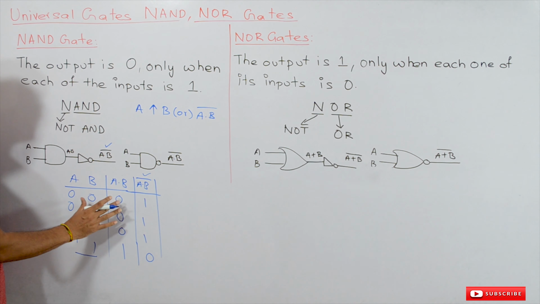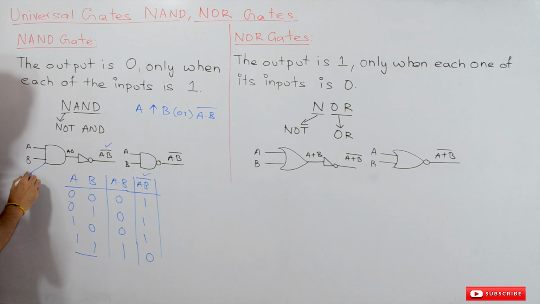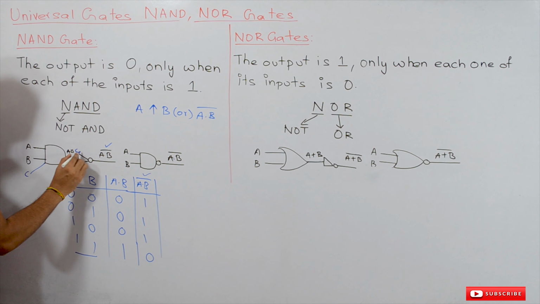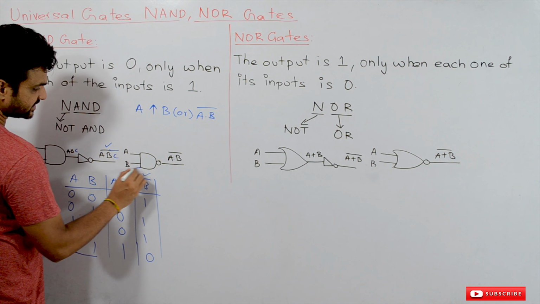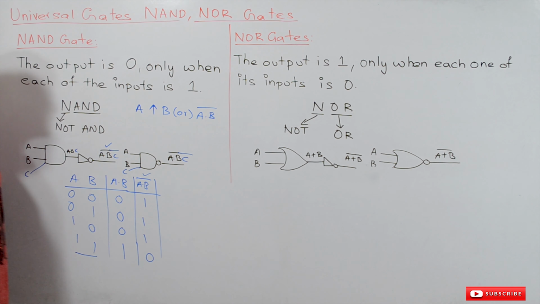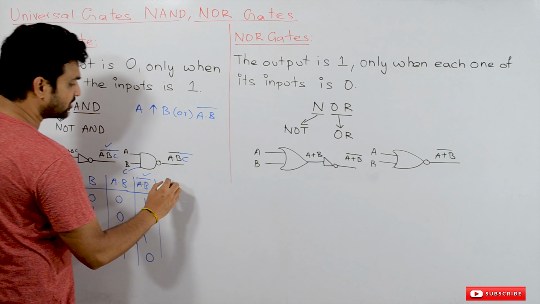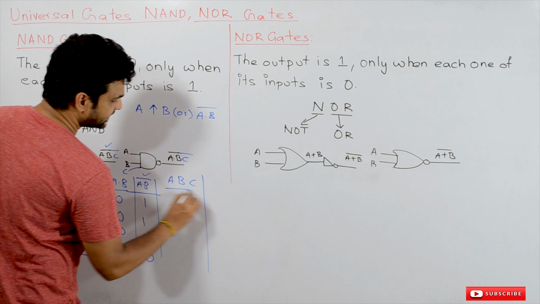If you take a 3-input NAND gate, another input variable called C gets added. So it becomes A dot B dot C, and the NAND operation will be A dot B dot C whole bar. How many combinations are possible with a 3-input NAND gate?